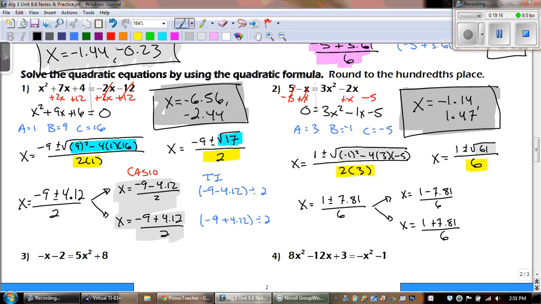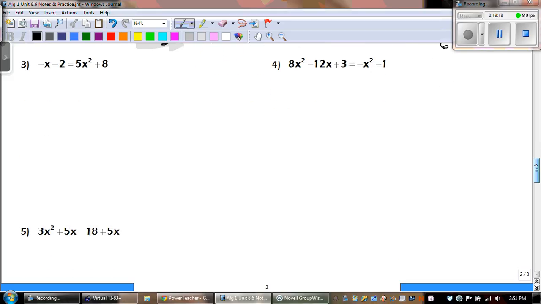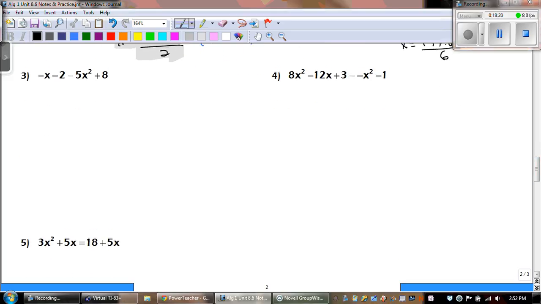Okay, number 3. My quadratic term's already positive, so I'm going to add the x to the other side, and I'm going to add the 2 to the other side. And we get that 0 equals 5x squared plus x plus 2.